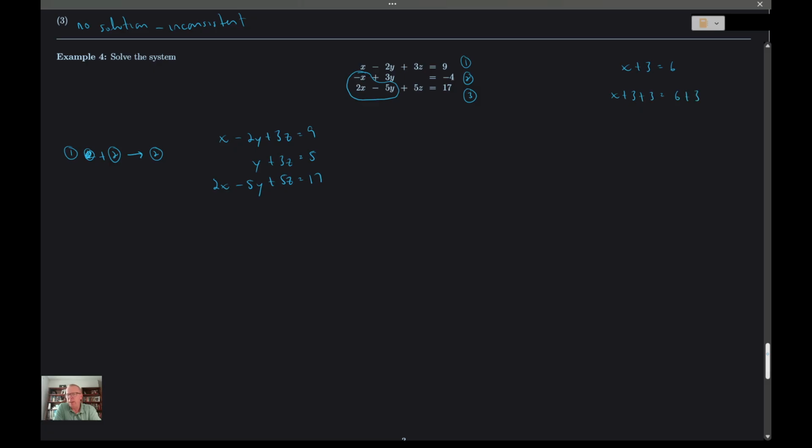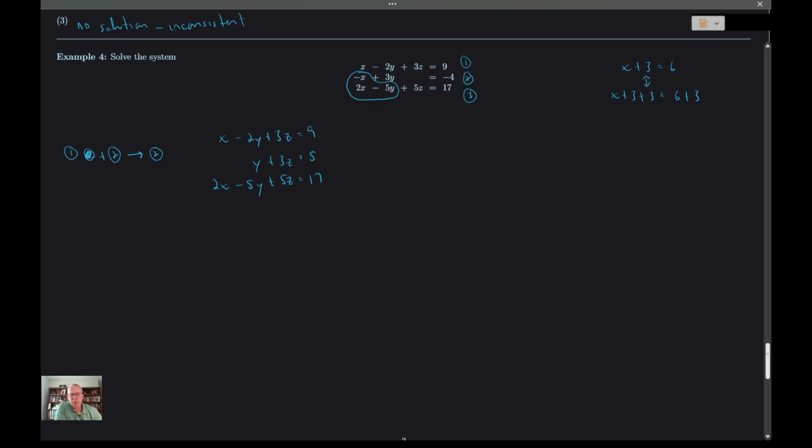So these are equivalent equations. They have the same solution set. That's all we're doing here. This is a legal thing to do: add two equations, then replace one of them with that new equation. So these are equivalent systems, and we'll talk about the legal things that you can do at some point.